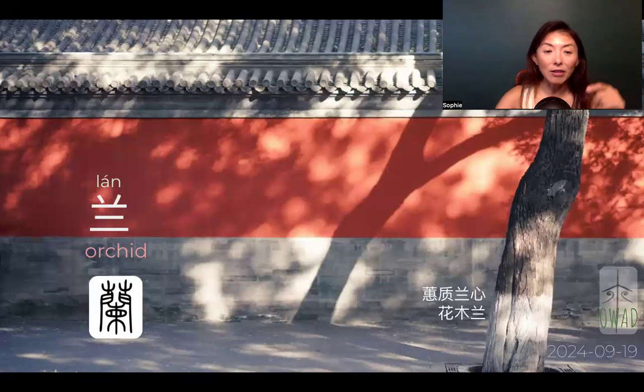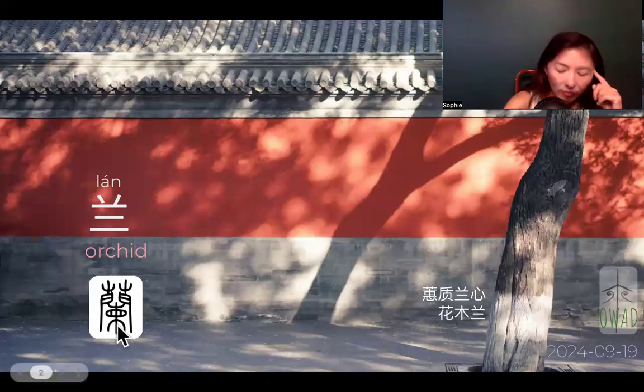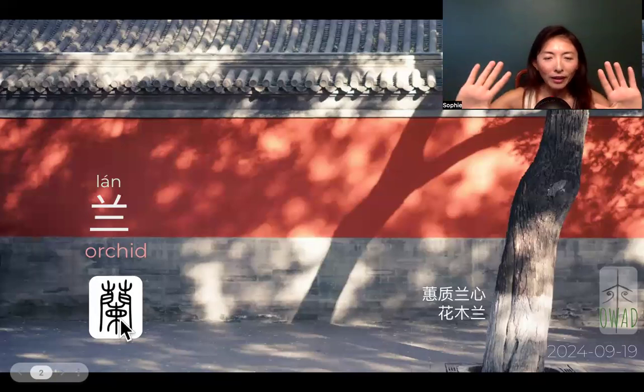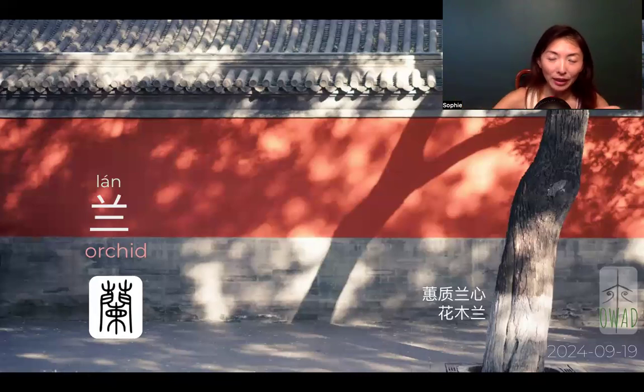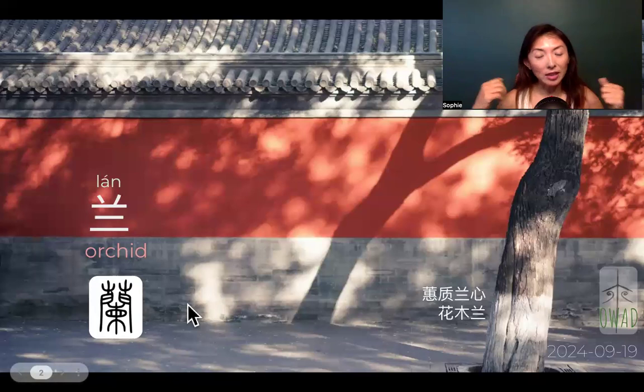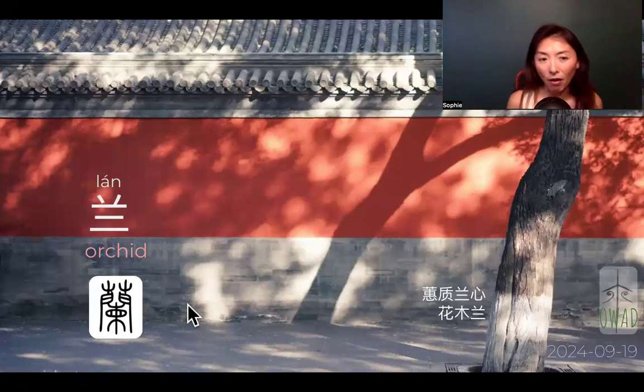And that sense of privacy formed by this door holding and sorting, separating act, paired with the plant symbol, means this is kind of a private plant. It doesn't show off. It has the virtue of keeping it to themselves.